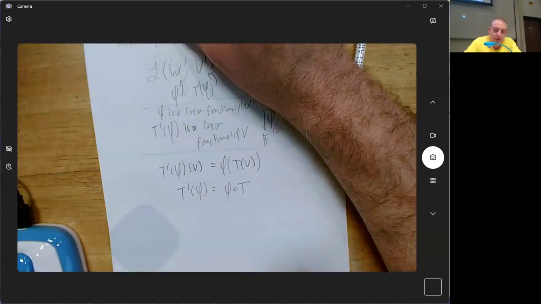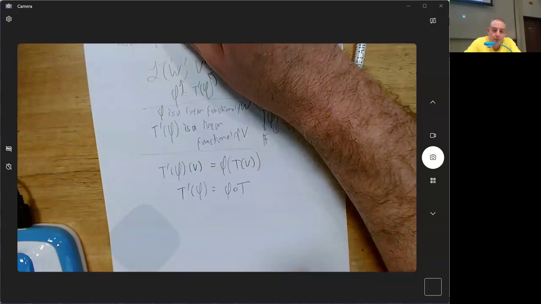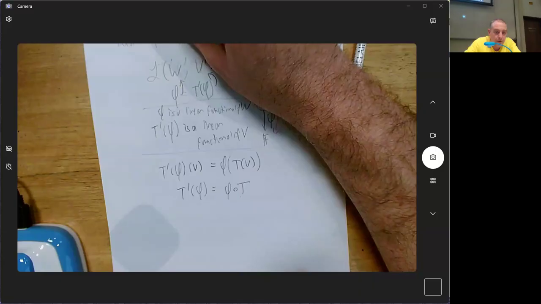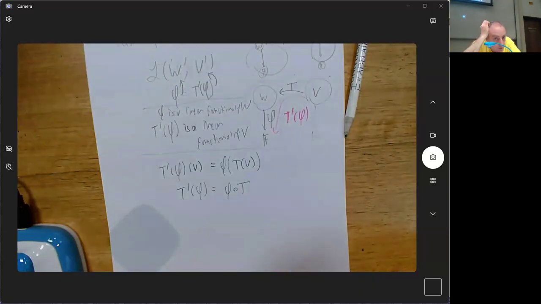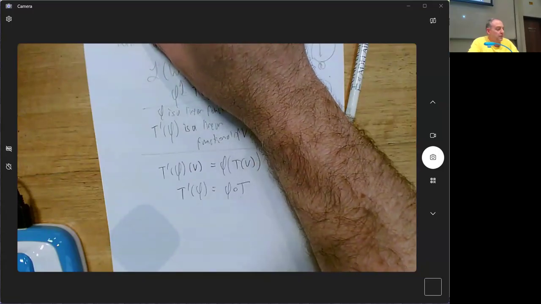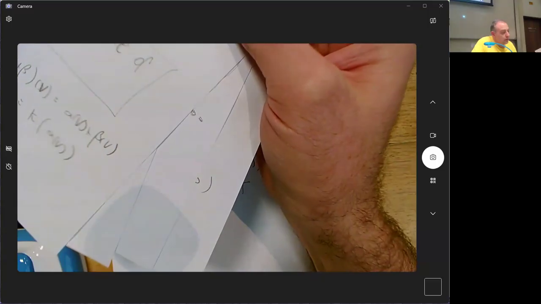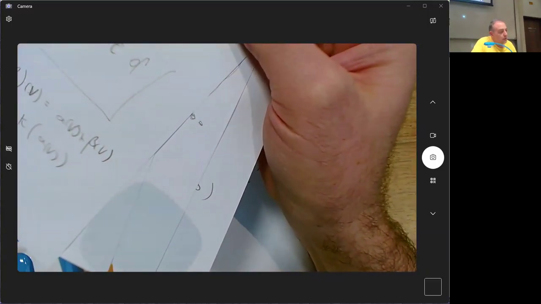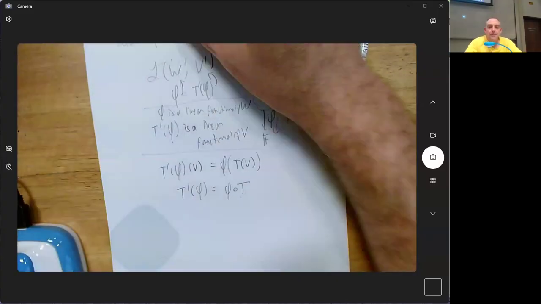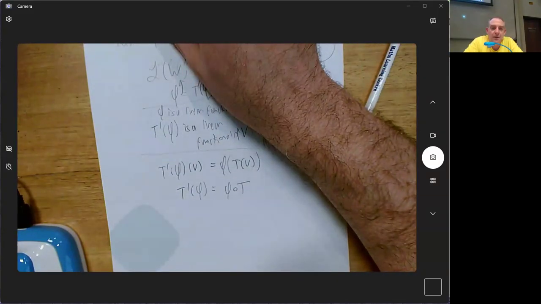Okay, and I drew a picture of that. And it really is a linear map from W dashed to V dashed. So we may be close to being able to understand the question that you gave me. Maybe not. Wow, this is fabulous stuff.